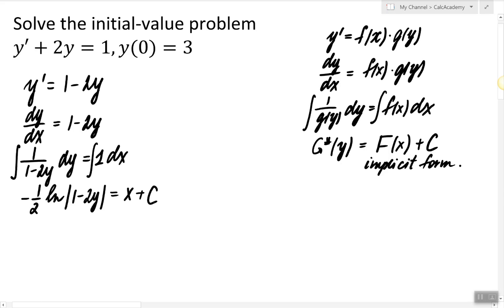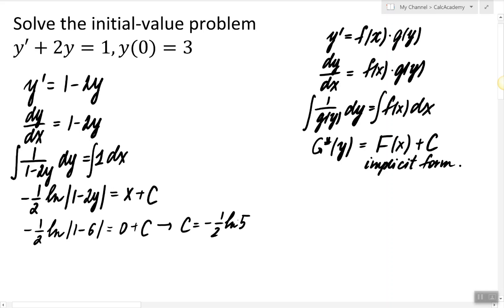To find c, we're going to plug the initial value condition into the equation. So we have negative 1/2 ln of |1 minus 6| equals 0 plus c. So c is equal to negative 1/2 ln 5.